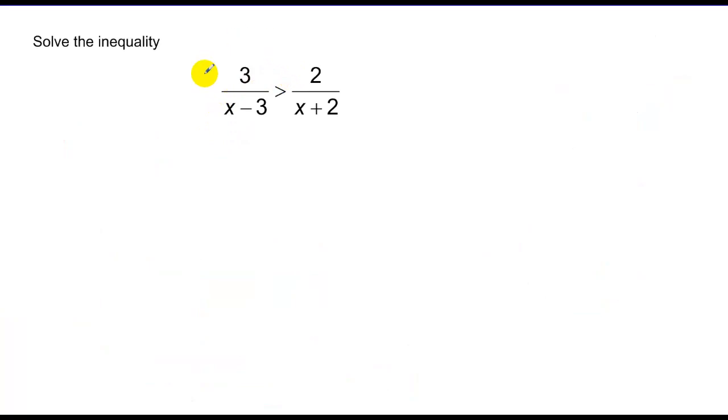So now the first thing we want to do is set aside equal to 0. In doing that, it doesn't really matter which side you set equal to 0. I'm going to go this way, subtract the 2 over x plus 2. And then I'm going to try to simplify that expression so it looks like something I would graph.